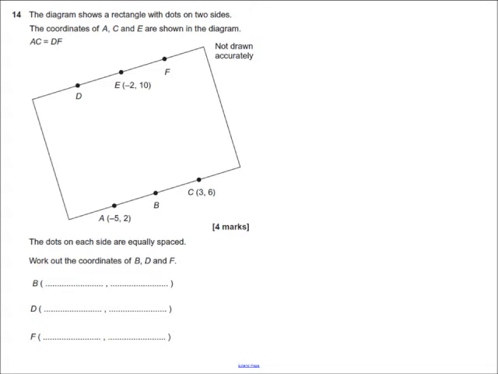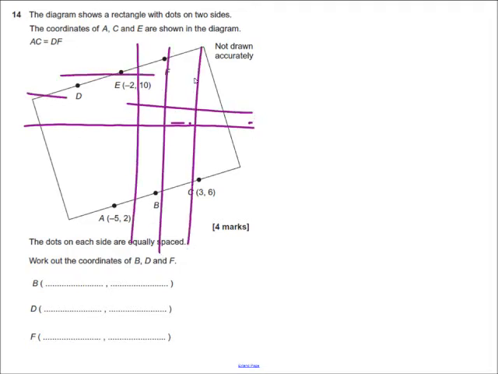Question 14. The diagram shows a rectangle with dots on 2 sides. The coordinates of A, C and E are shown in the diagram, where the distance from A to C is the same as the distance from D to F. The dots on each side are equally spaced, and it wants us to work out the coordinates of B, D and F. So this is a coordinates question where normally you would expect to see your grid lines, and they've just removed them to leave you with this shape and these dots.